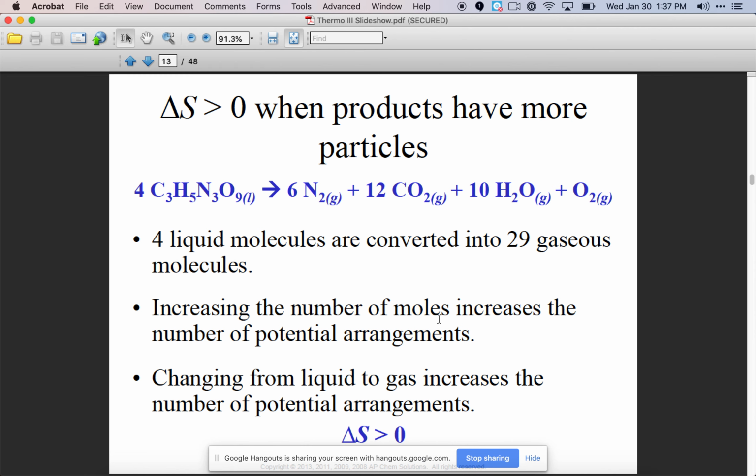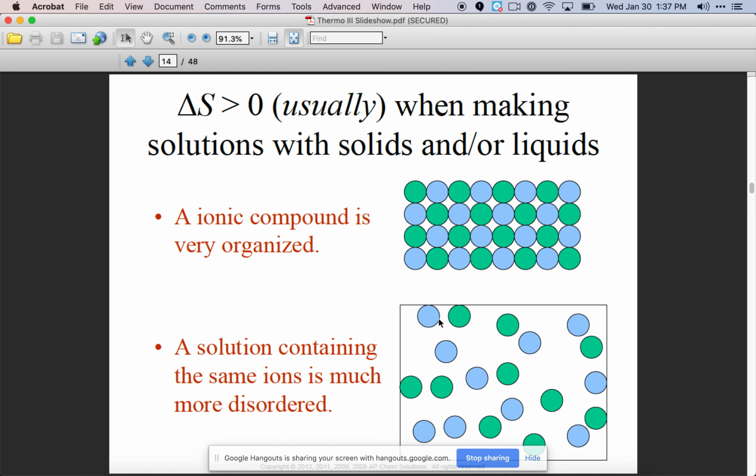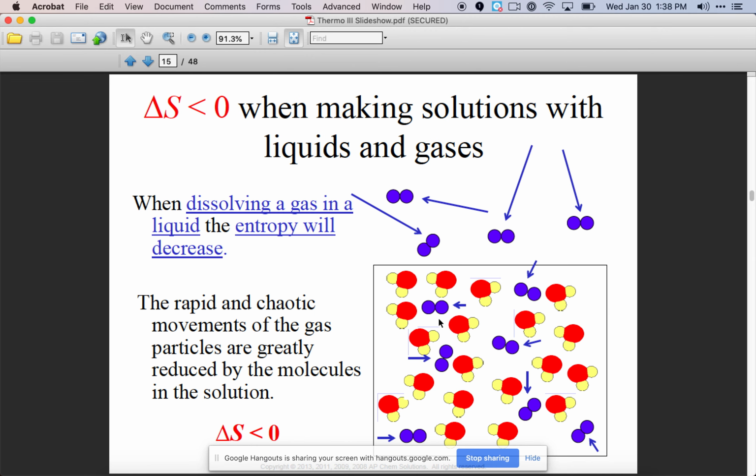Does anybody have any questions about this one? Okay. Here is just an example of a change in entropy too, where you're going from a solid to a liquid. Notice that entropy increases for that one. I don't know if it was Jess or somebody else talking about when you decrease entropy.